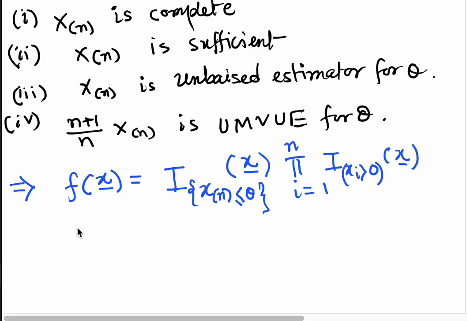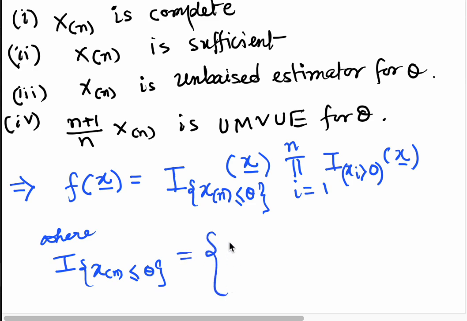Now here, I(X(n) less than or equal to theta) is 1 if X(n) is less than or equal to theta, and it is 0 elsewhere.